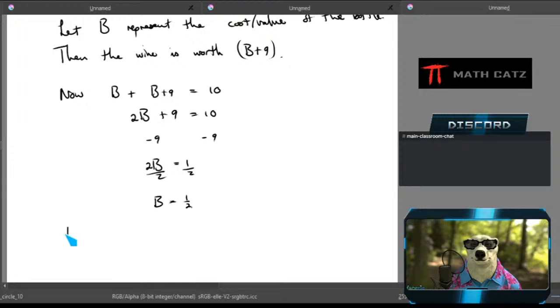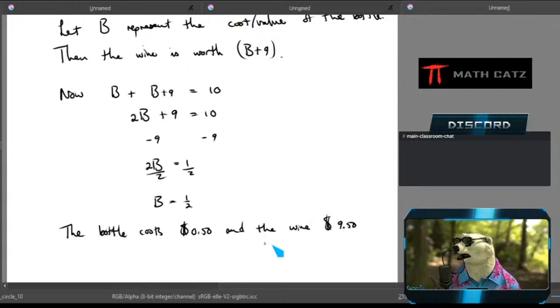So let's say that here. The bottle costs, let's say 50 cents, and the wine costs $9.50. And you see that the wine is $9 more, and together they do add up to $10. So it matches all the information that the question gave me.